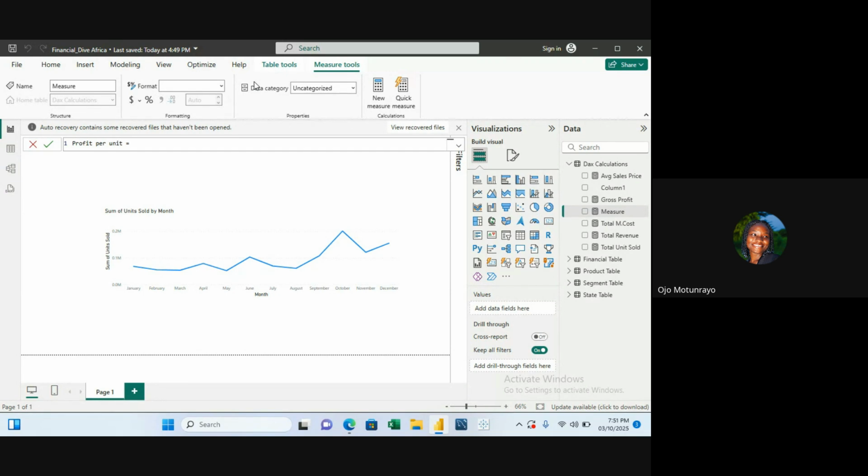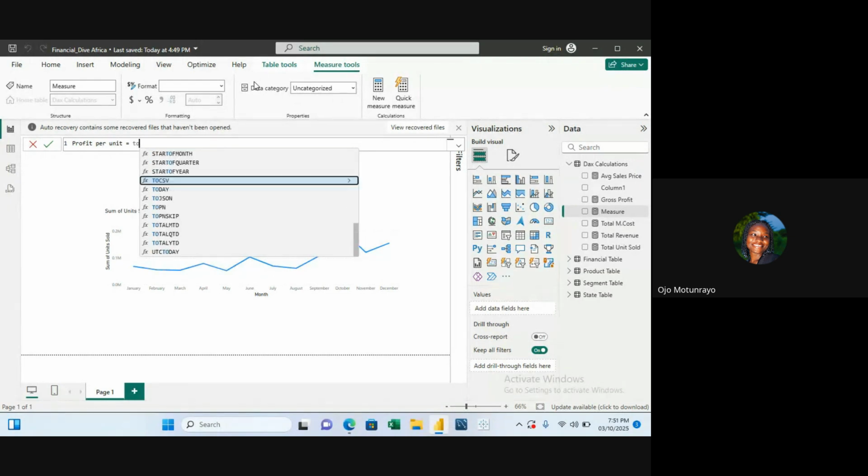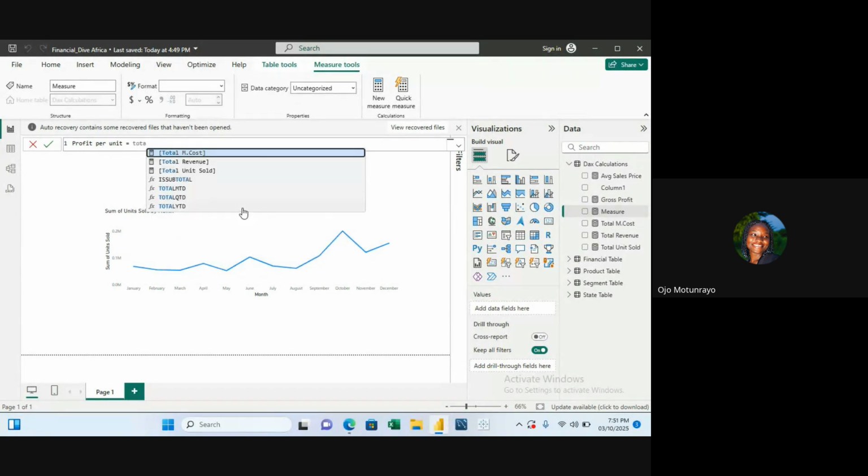Profit per unit should be total revenue, or sales price.